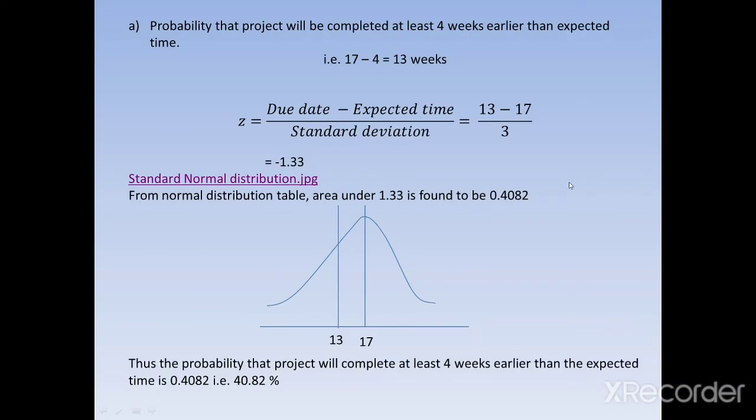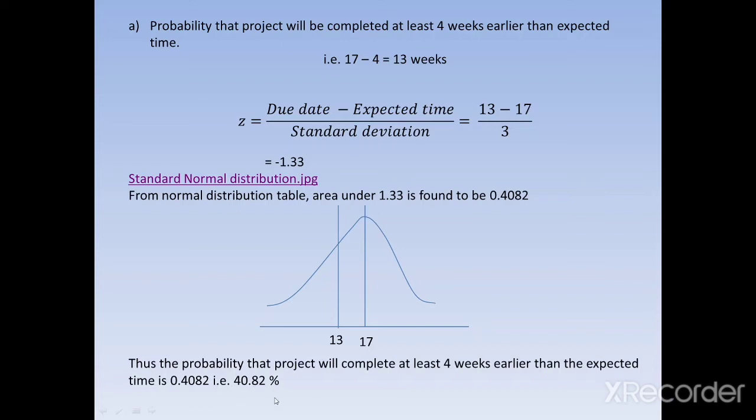So we consider this value, 0.4082, as the area under the curve. Thus the probability that the project will complete at least 4 weeks earlier than the expected time is 0.4082, and it is also known as 40.82%.